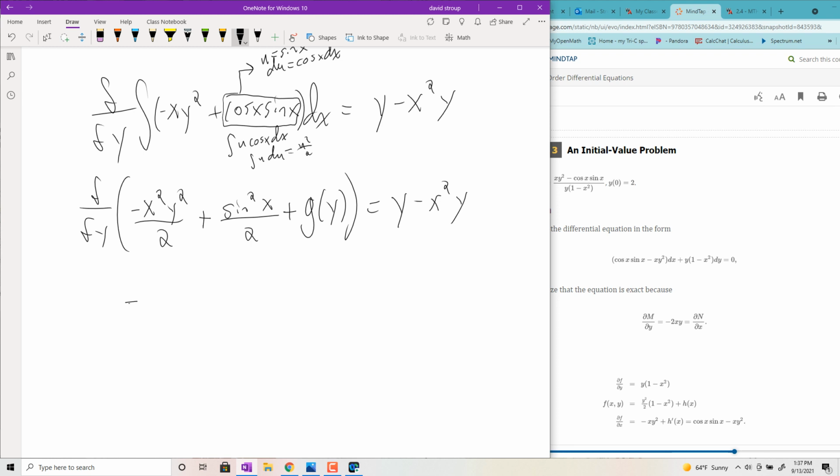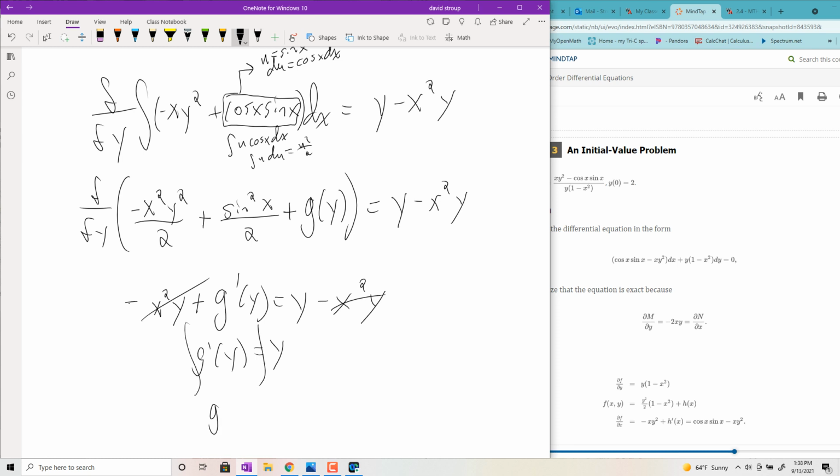Oh, the 2's cancel, sorry. So just negative x squared y, and then plus 0 for that sine squared x, because that doesn't have any y stuff in it, and then plus g prime of y equals y minus x squared y. The x squared y's cancel, and you get g prime of y is y. So y squared over 2 for g of y.